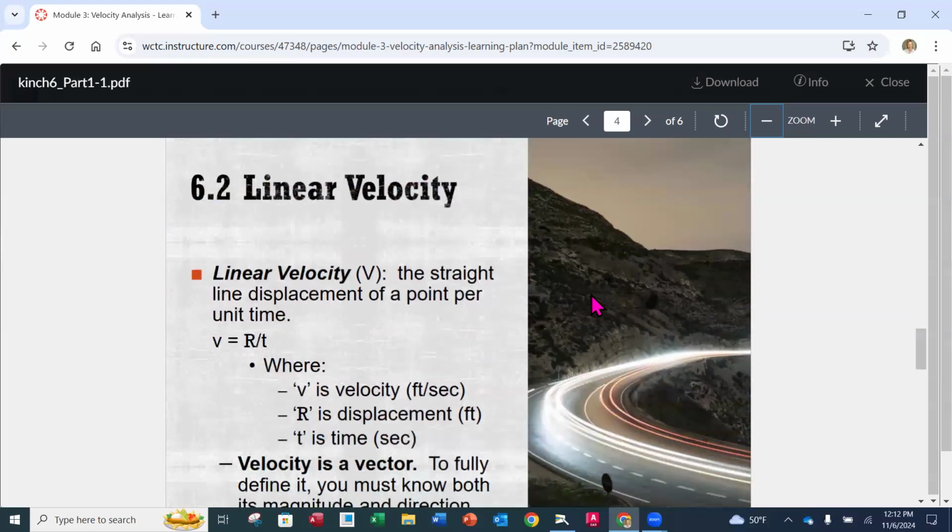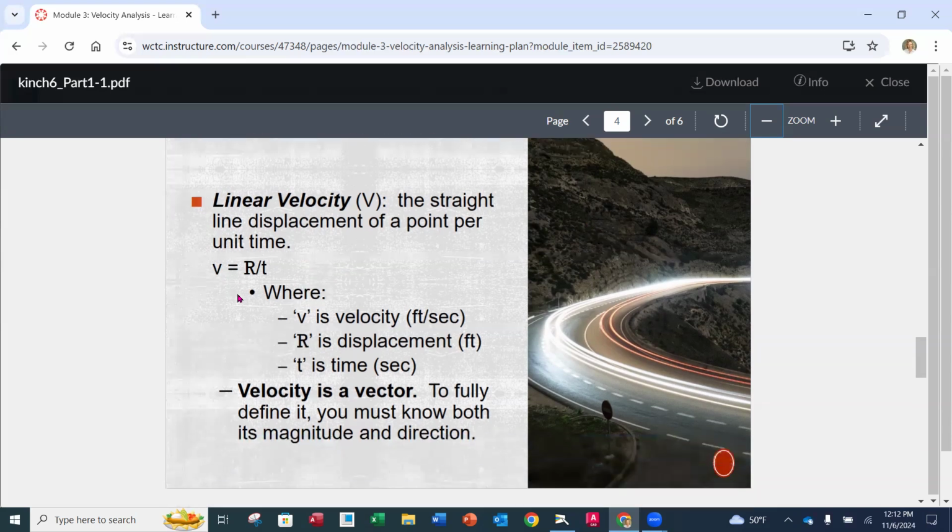So the first thing we're going to be looking at, which, like I said, in your previous coursework like physics, you would have learned and applied, is linear velocity. Linear velocity, the variable v, is the straight line displacement of a point. And we want to know how much time it took us to displace. So what is the displacement per unit of time? The equation for velocity is distance divided by time.